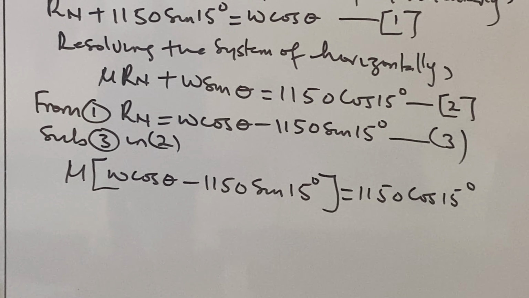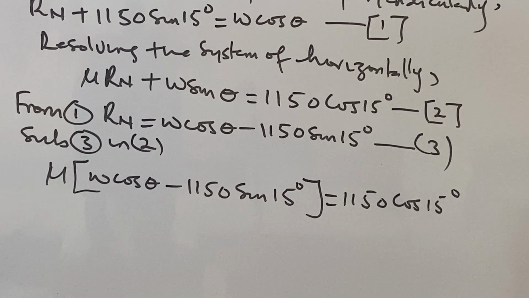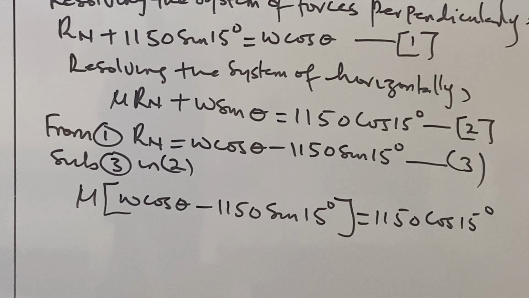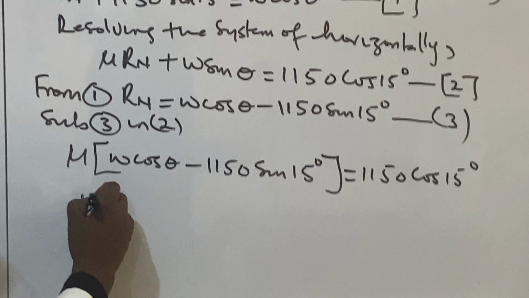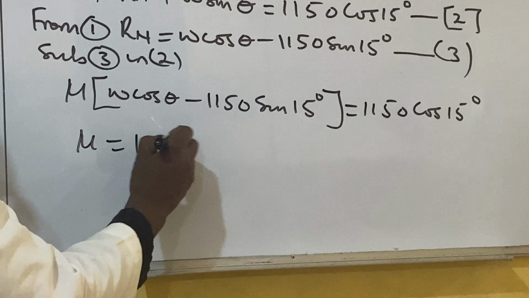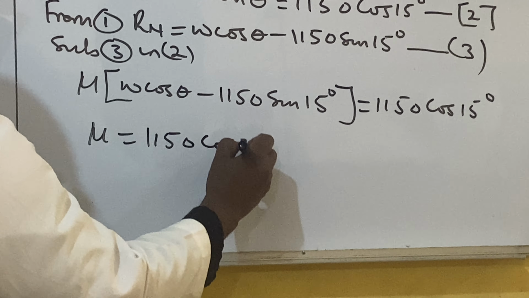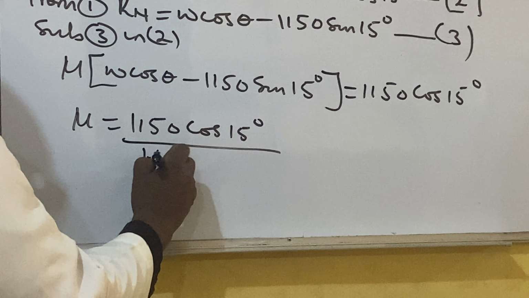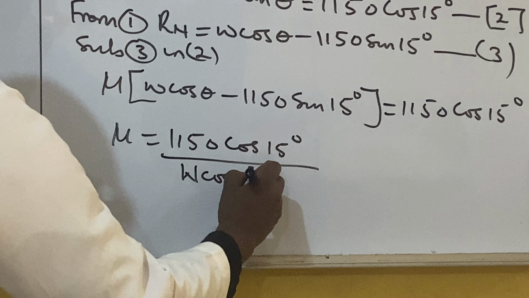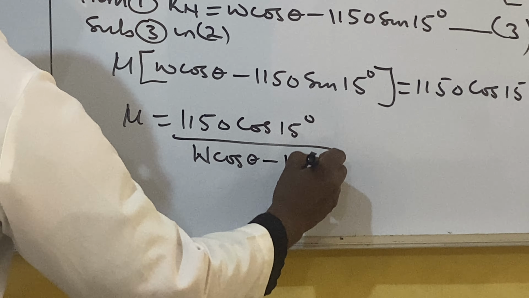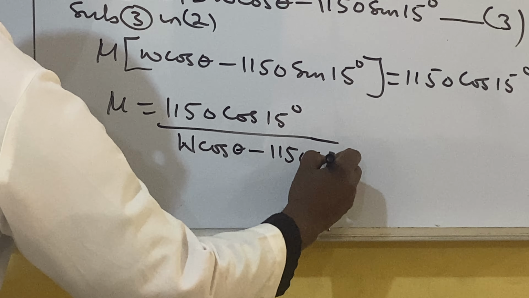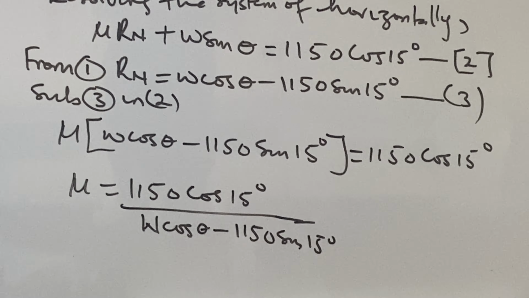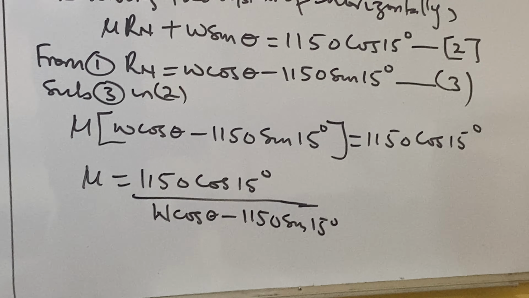So let's see what we do. Let's make mu the subject of this formula. We'll be having mu equals 1150 cos 15 degrees all over W cos theta minus 1150 sine 15 degrees. Let's input our weight.